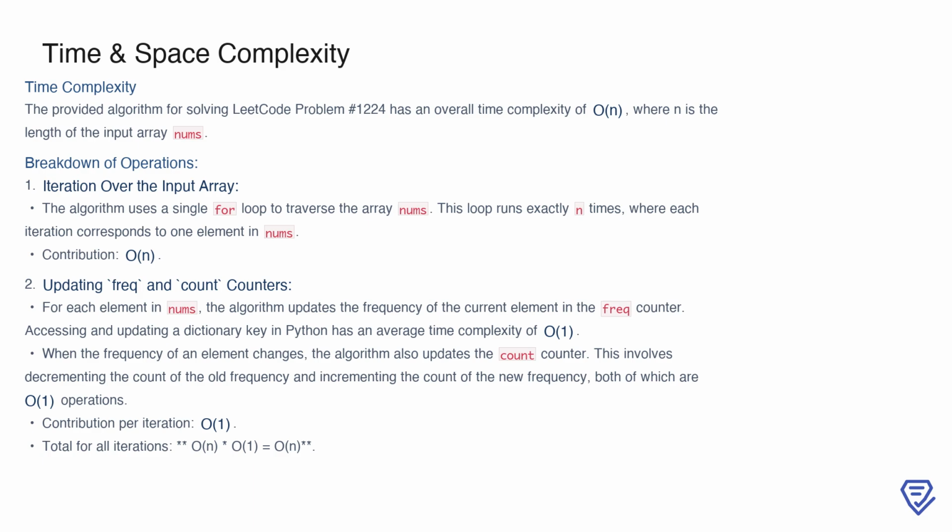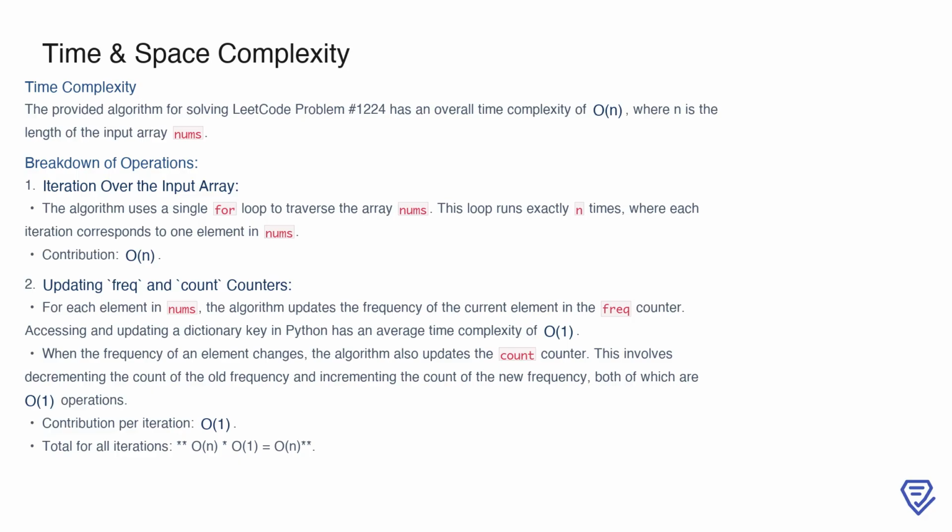The time complexity of this algorithm is O(n), where n represents the length of the input array nums. This efficiency stems from the way the operations are structured. First, the algorithm iterates over the array using a single for loop. Since each iteration corresponds to one element in the array, the contribution of this operation is O(n).